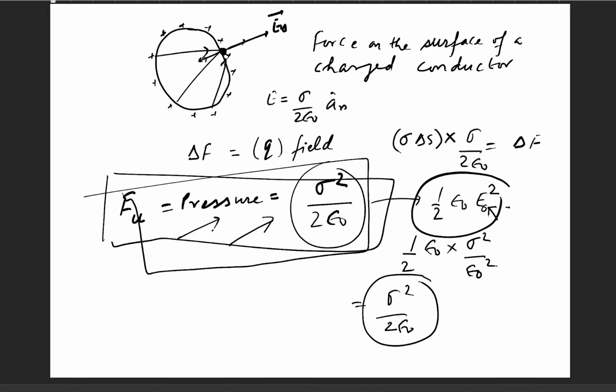It can be written as half epsilon naught the resultant field square, and this is actually equal to the energy density of the field. So this is one of the important results which may be utilized somewhere else, and this force is always trying to stretch the surface of the conductor because all the charges are repelling each other. So in this way you can see that this conductor which is charged is always under tension.